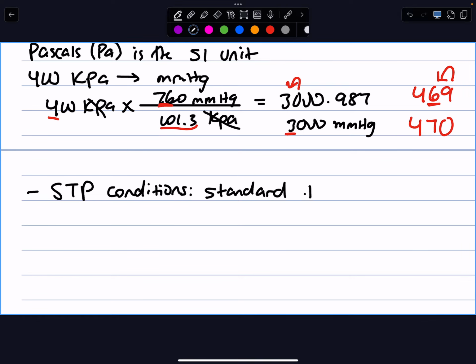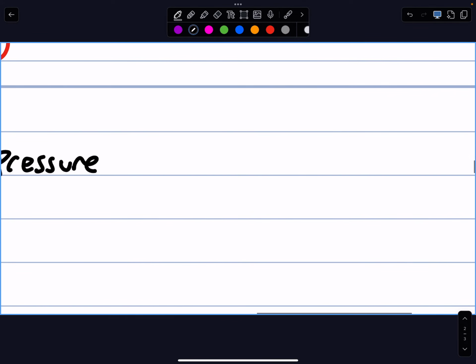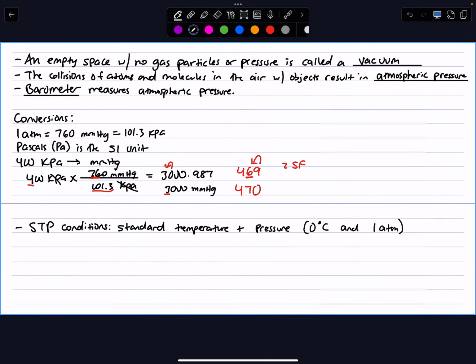What is it? Standard temperature and what? Pressure. Those conditions are 0 degrees Celsius and 1 ATM. Very easy. That's a question. Okay, next. Dalton's law.